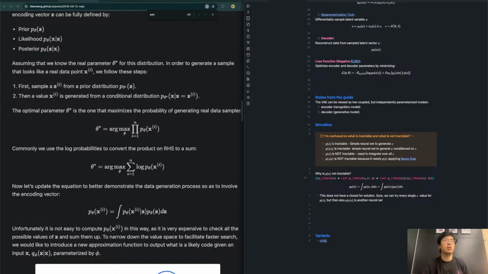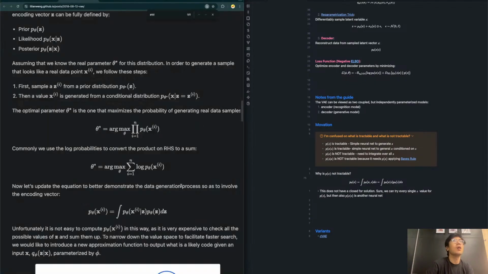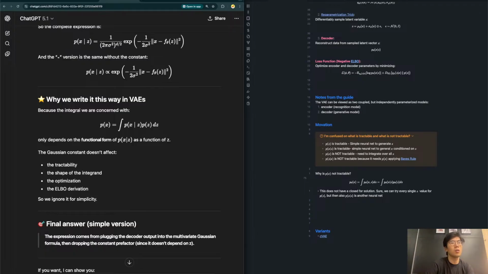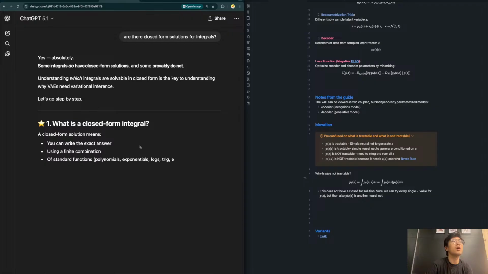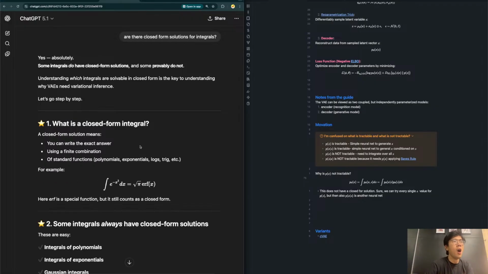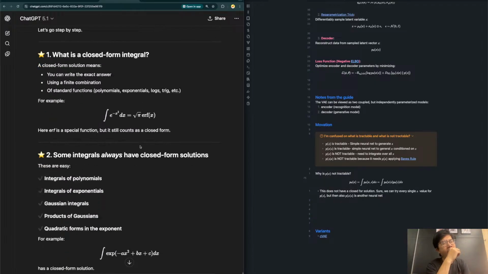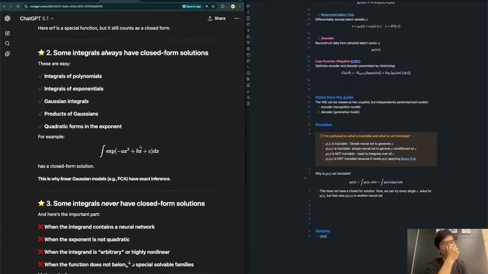The integral makes things very hard, I guess, right? What are closed form solutions for integrals? Yeah, integral is a closed form.